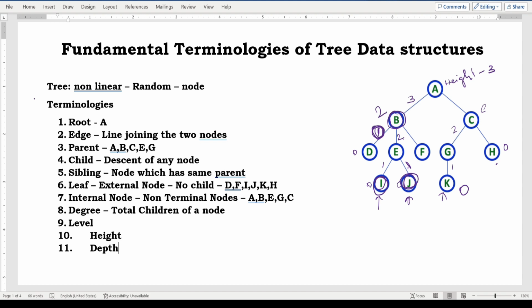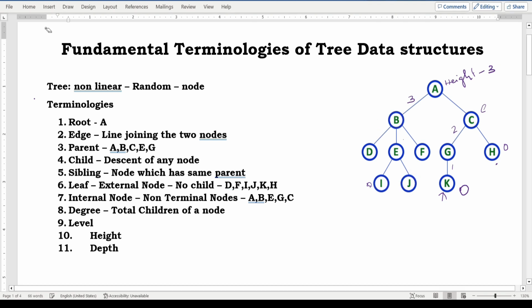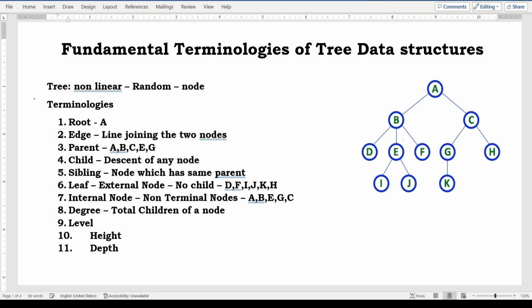Height is from the leaf to the node, and depth is from the root to the node. So it is just the inverse of height, and it is called a depth. Let me erase this one, height. Now we are calculating the depth.